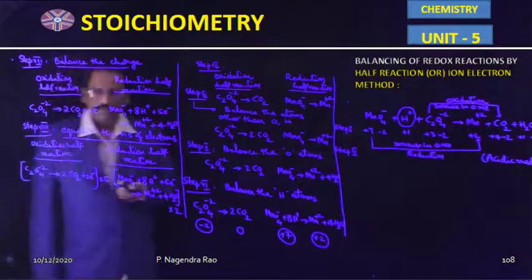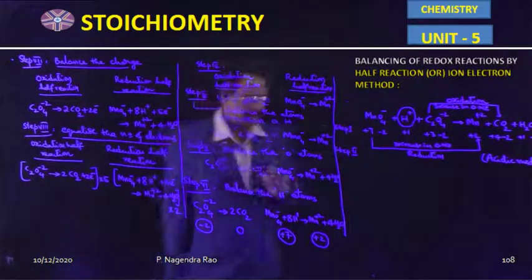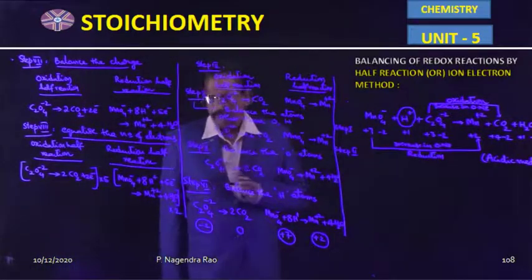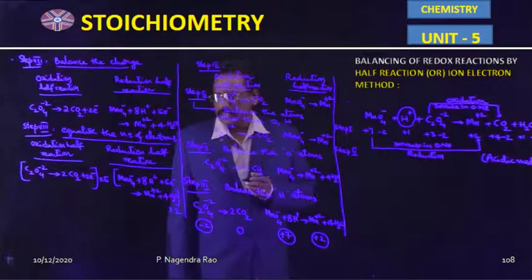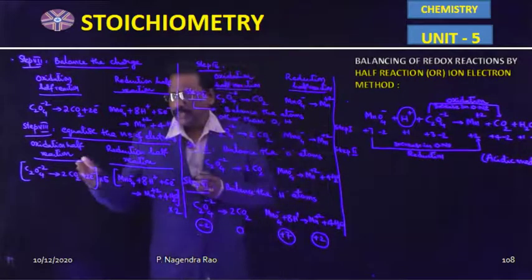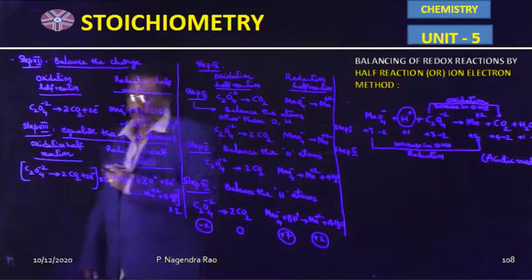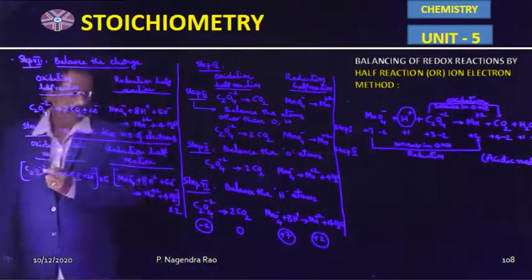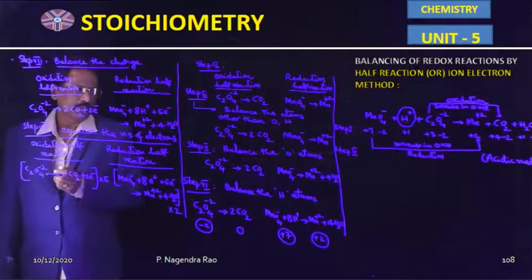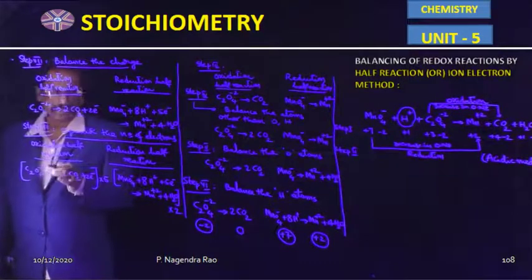Now, the final balanced equation is obtained by adding these two half reactions.